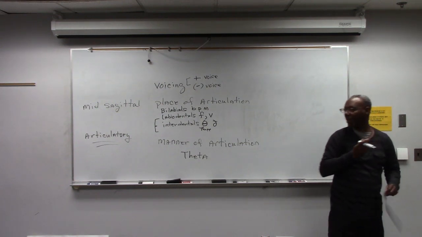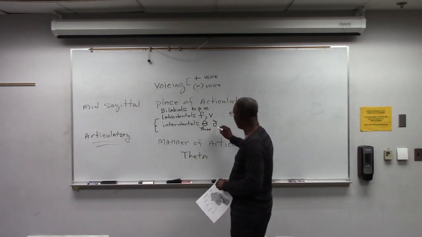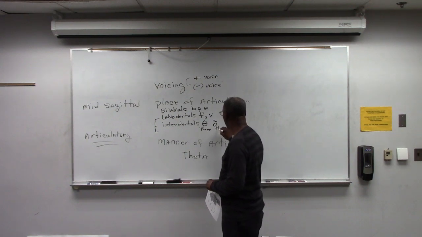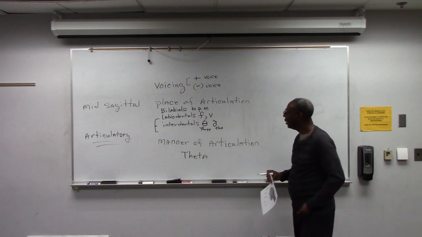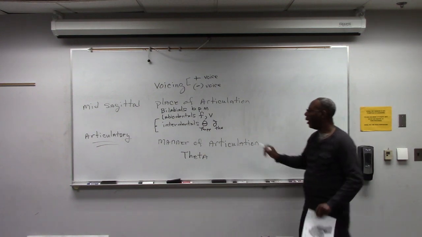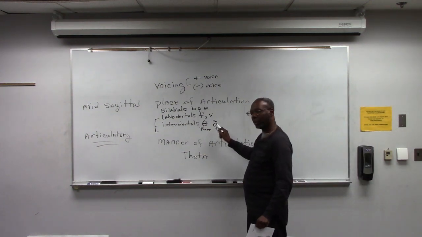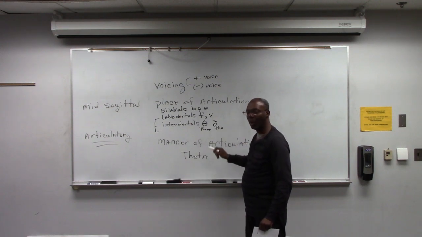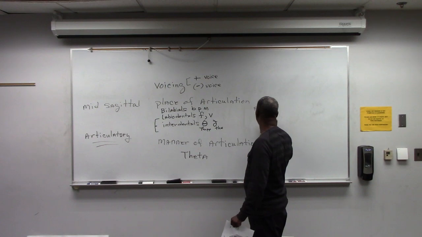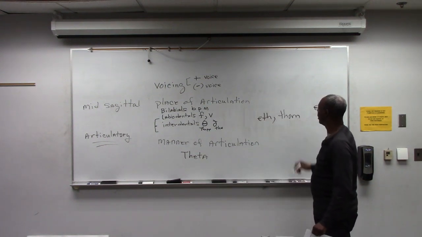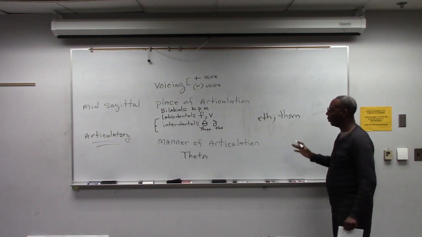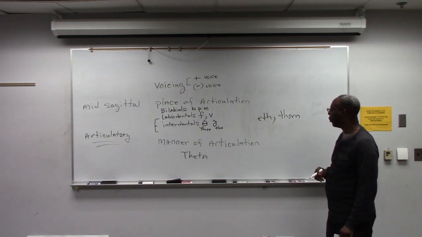The backward six is called an eth, E-T-H, or thorn.